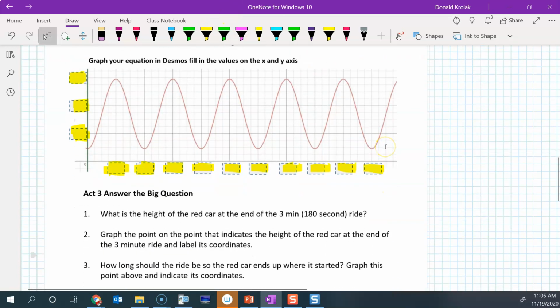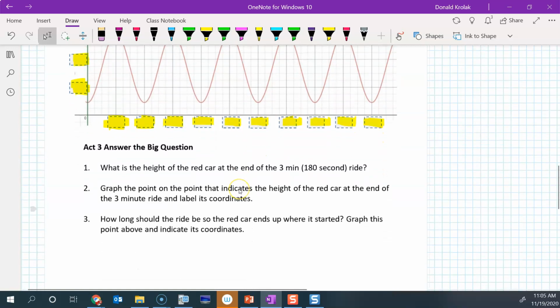Okay, and then finally, you're going to go back and use the model that you drew to predict the height of the car at the end of 3 minutes. You're going to put your answer right here.